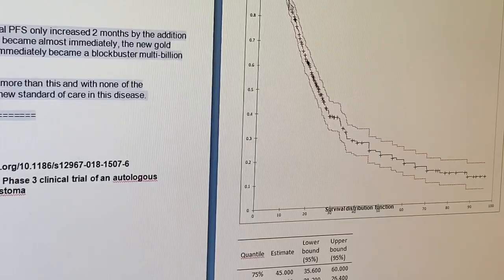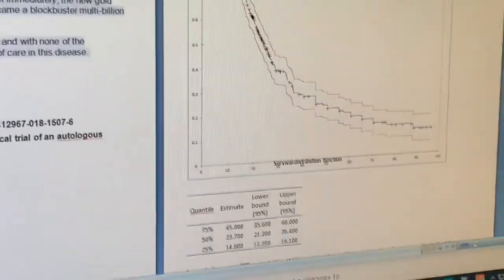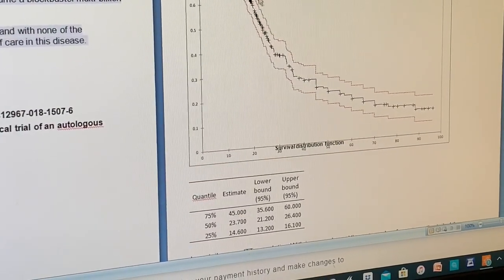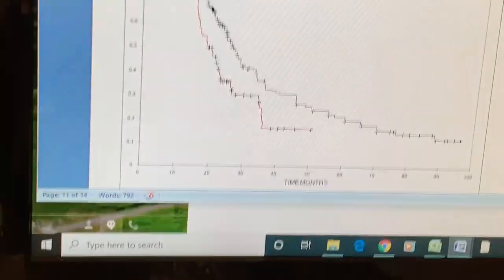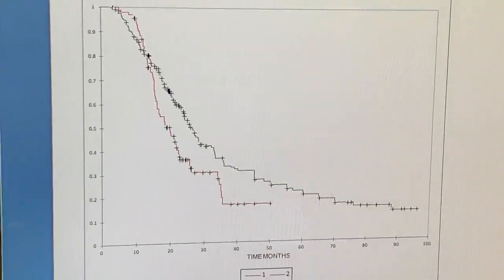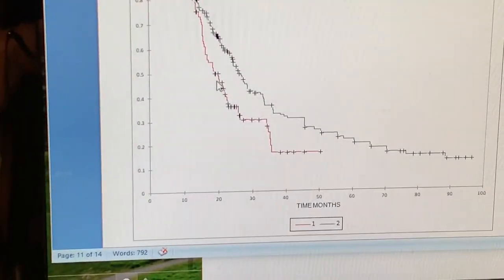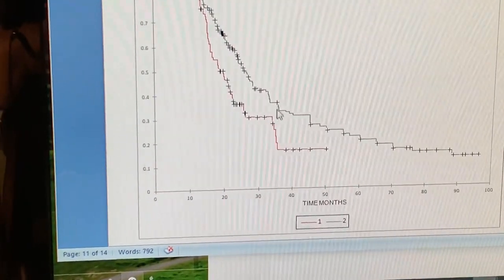This was what was given in Translational Medicine, and what we're trying to find out now is what happened with the control group and what happened with the experimental group. So I went ahead and did that using my methods, and this is what the data came out. This is the control, and this is the experimental arm.